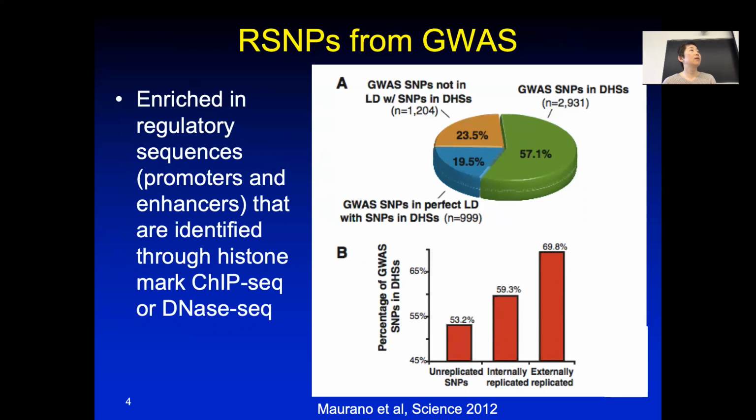Yes, Sam? For the SNPs that are in those gene desert regions, the 25%, do they have a smaller effect size than the other SNPs? So the question is, for those GWAS SNPs that land in gene deserts, whether they have smaller effect size. I actually don't know the answer to that question. My suspicion is that a lot of people are very interested in those because they do show, my suspicion is that they actually are pretty strong.